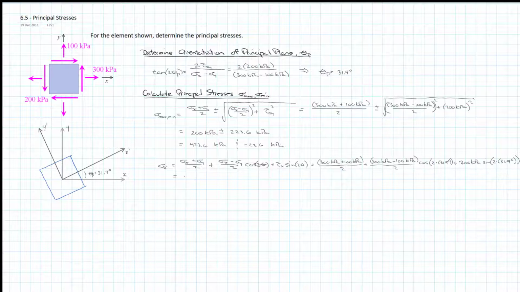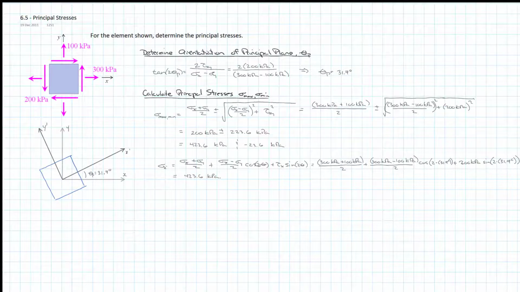That gives us a value of 423.6 kPa, which is the whole reason we did that: to determine where sigma max was. So sigma max is 423.6 kPa, and now we know that's oriented to x prime and not y prime.